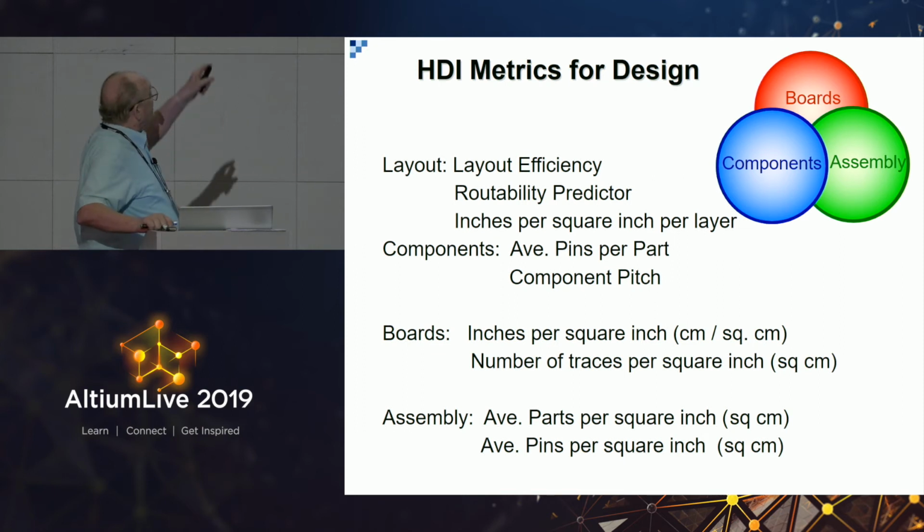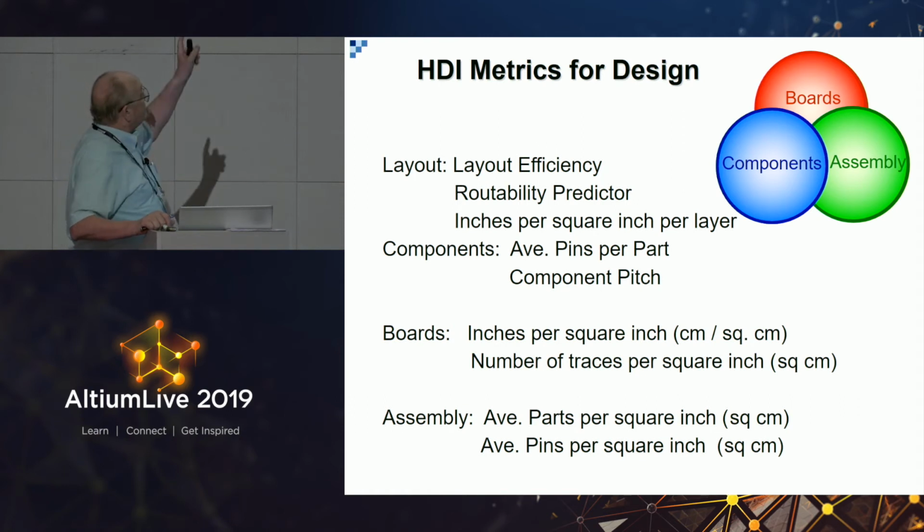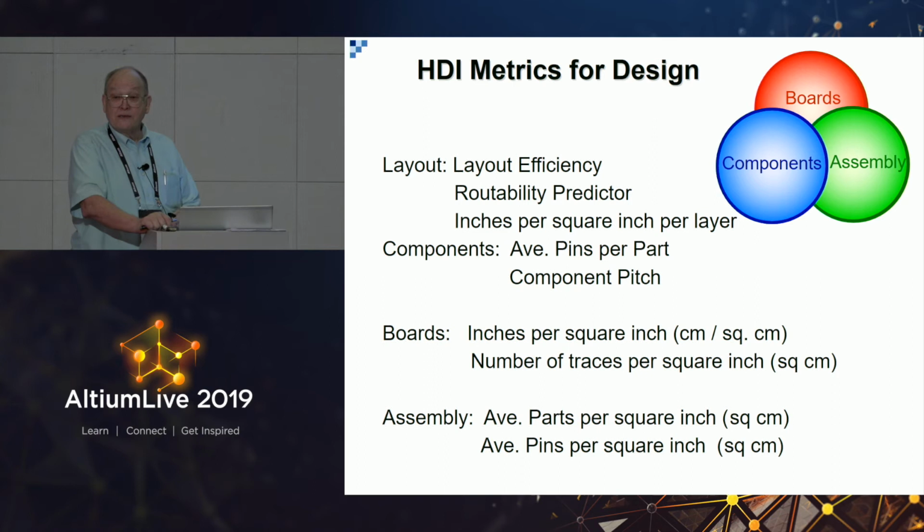For PC boards, again, centimeters per square centimeter, or number of traces per square centimeter, are measures of performance. With HDI, you should be able to get nearly 120 traces per square inch, or the equivalent per centimeter. Most of you, because of multi-layer, are only getting 60 or 40, but you should be getting 120.